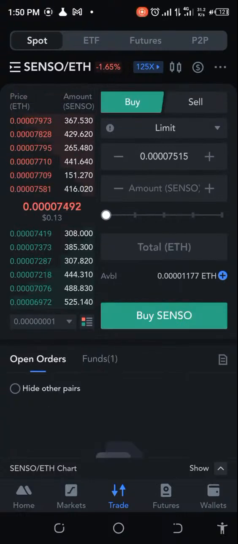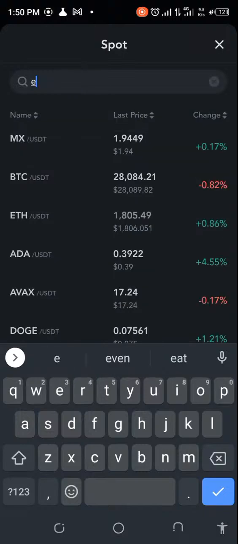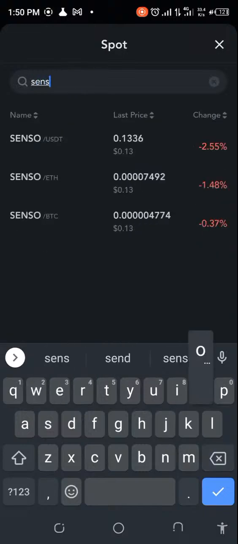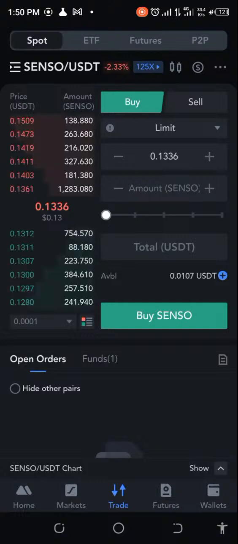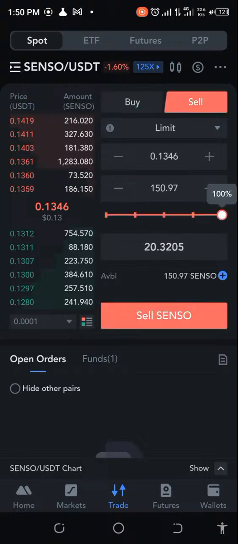Okay, so I'm back and it has already bought the Senso with ETH, but I'm seeing something here. That Senso USDT is looking like it's really going low. So we have it here, but if we have to sell, don't forget we started out with 20.32. It's looking like it's gonna give us back our money.